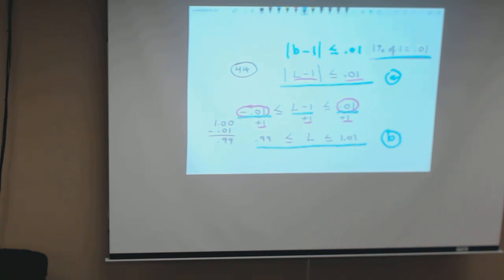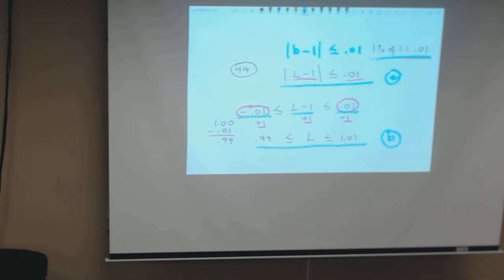So that's going to be just like this machinist. It's going to be the length of pipe minus 12, has to be less than or equal to 0.02. But it's not 0.02 times 1, it's 0.02 times 12. You see that? Because it's 12 inches long, so you have 0.02 times 12 as the tolerance.